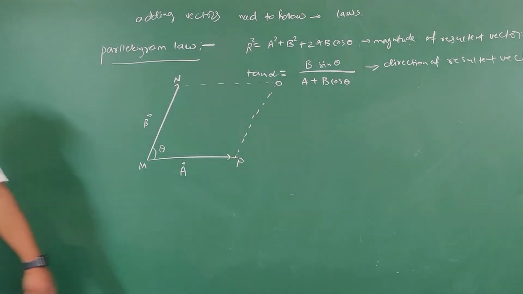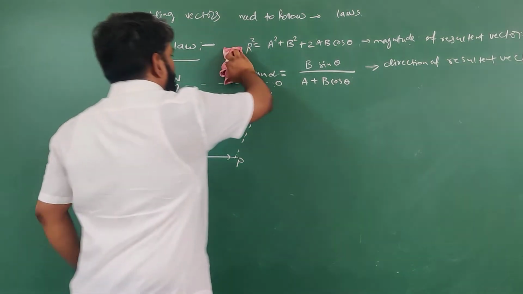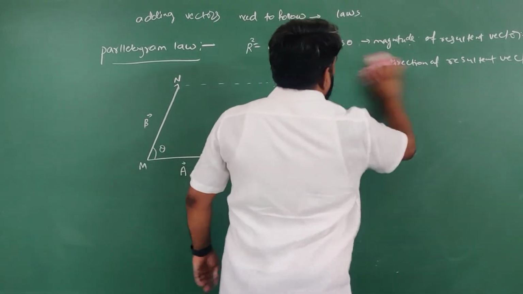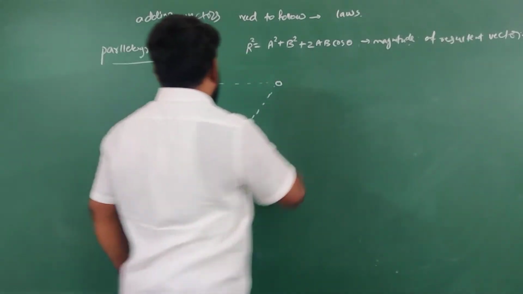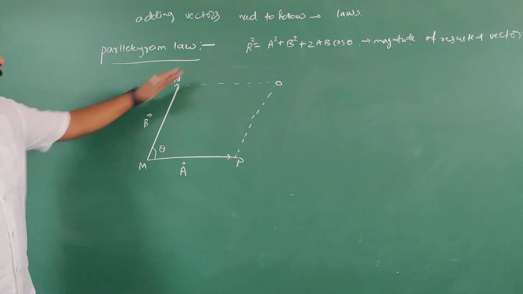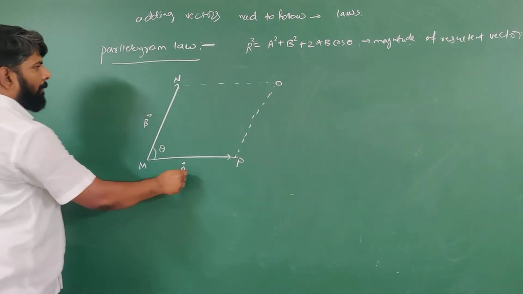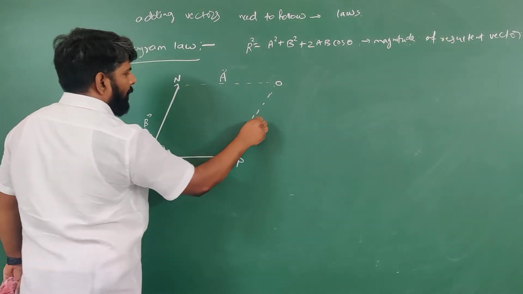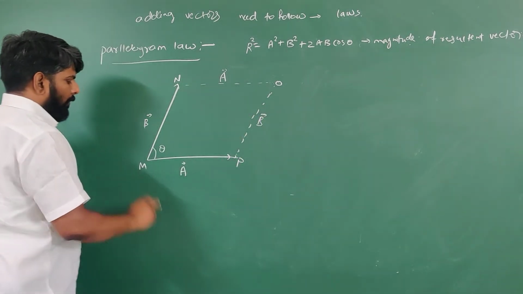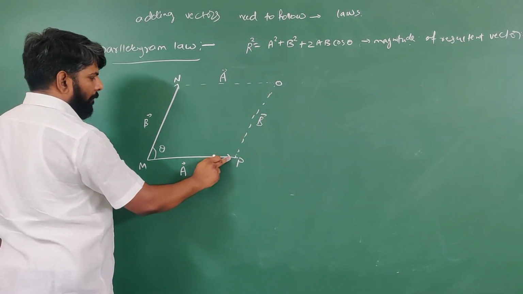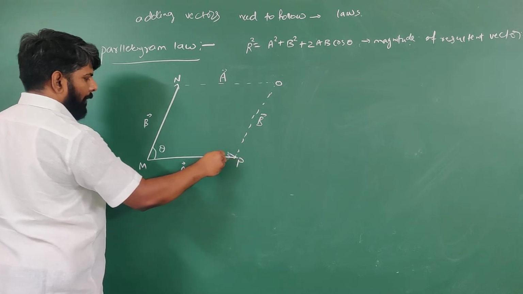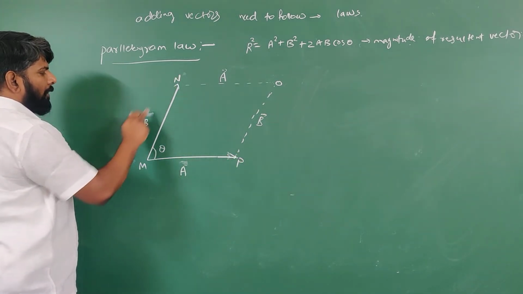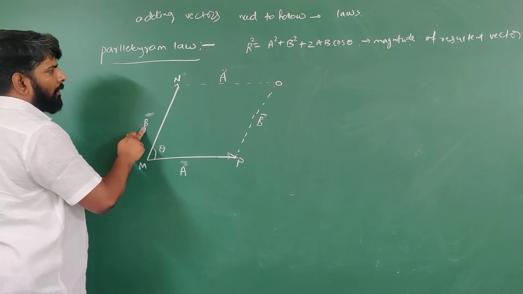Okay, so in this parallelogram, opposite sides are same. Means if it is A bar, then it is also A bar. If it is B bar, then it is also B bar. So vector MP, its magnitude A. Another vector MN, its magnitude B. That's it.